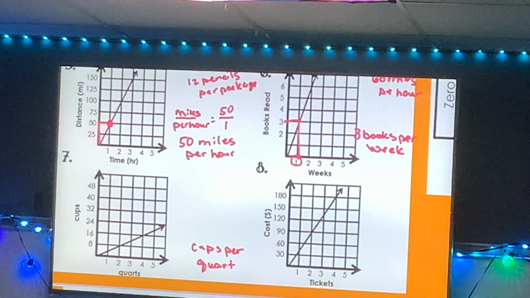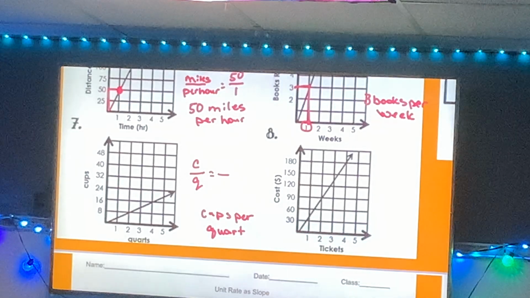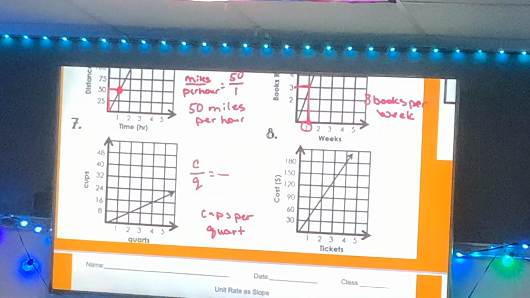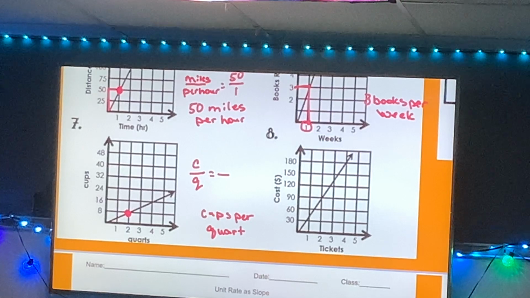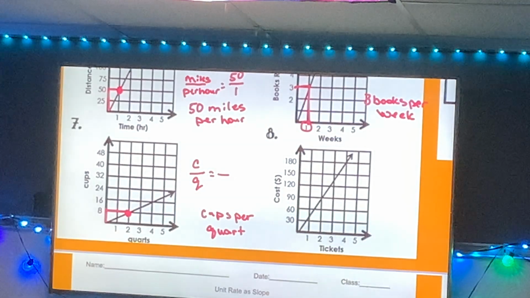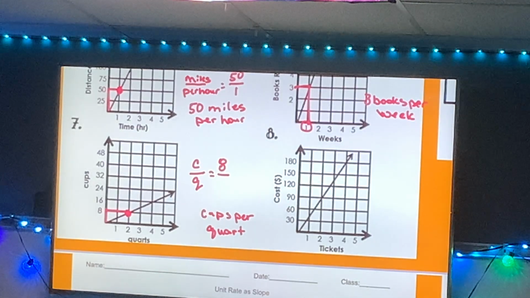Okay, now I've got an issue here, because I cannot look at 1 and see what it is. I cannot be exact looking at 1. So if I look right here, here's my pretty point. How many did I rise? 8. So I rose 8 cups.